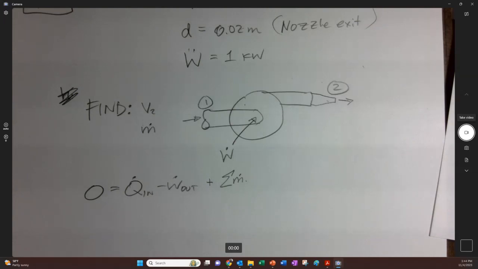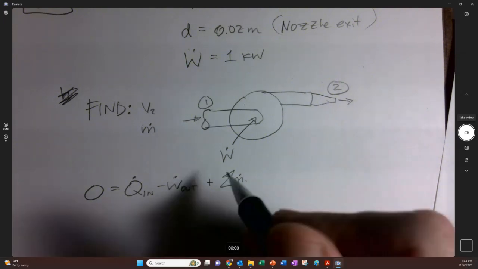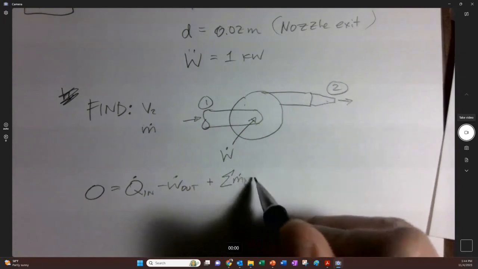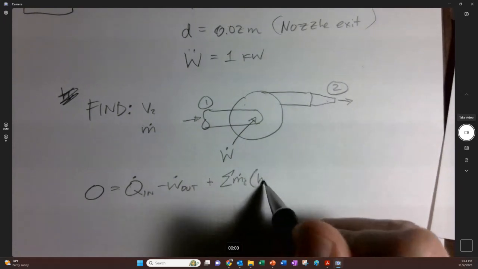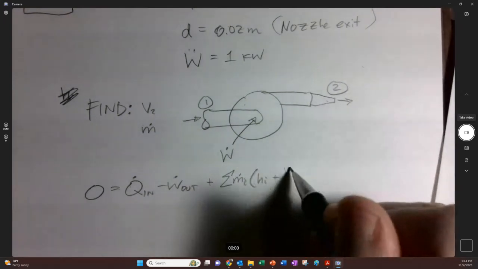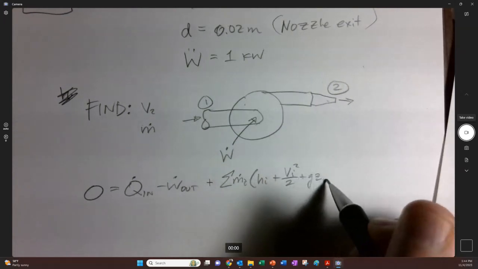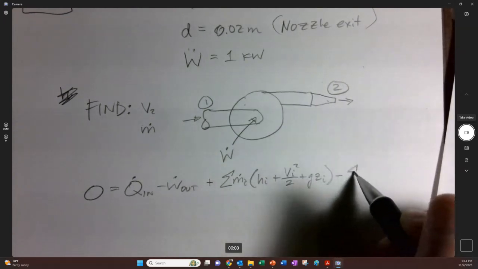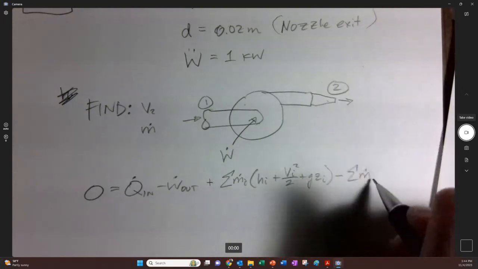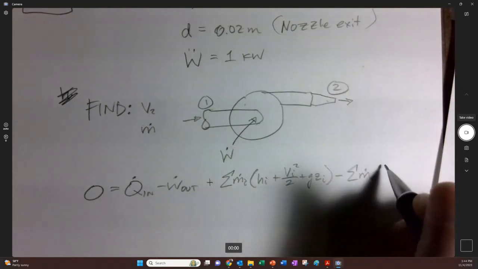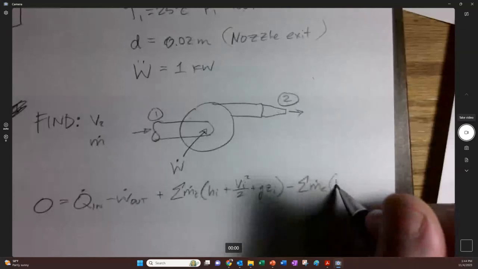Yeah, I want to say, so this is in, I guess I'll do this right here. I'm pretty sure this is what they're getting at right here. Q dot in minus summation m dot exit, and then all the same thing.